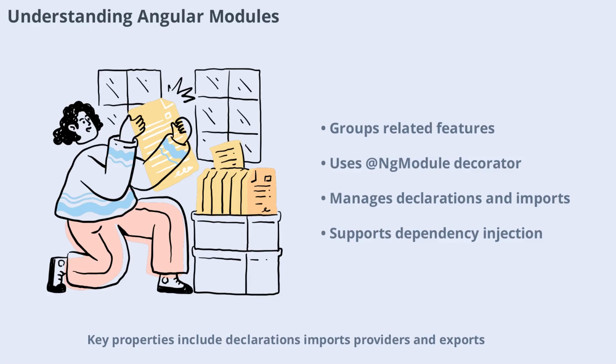Key properties include declarations, imports, providers, and exports. Since Angular 14, standalone components can work without NgModules, but modules are still useful for structuring imports and providing services. Be prepared to explain the role of modules and how they differ from components.